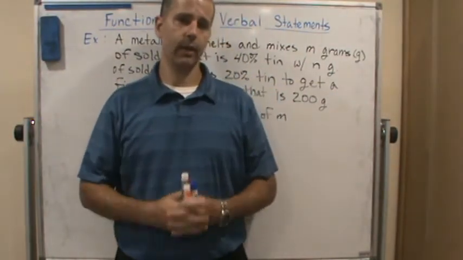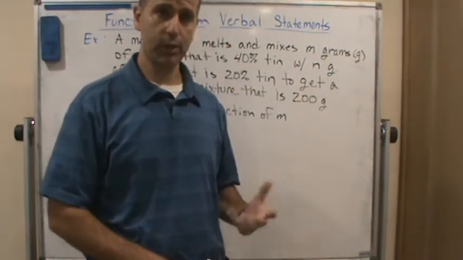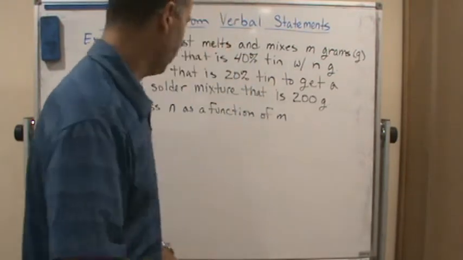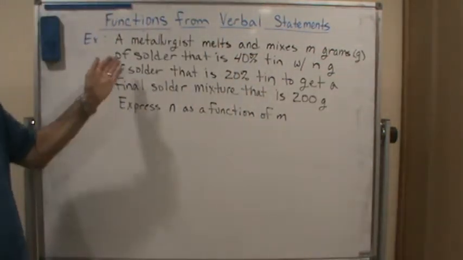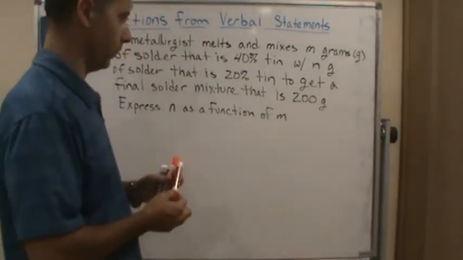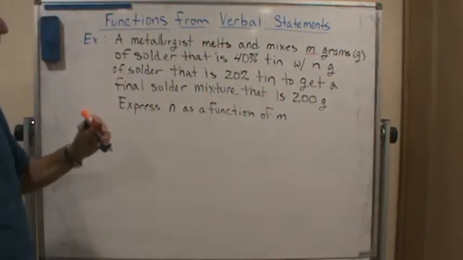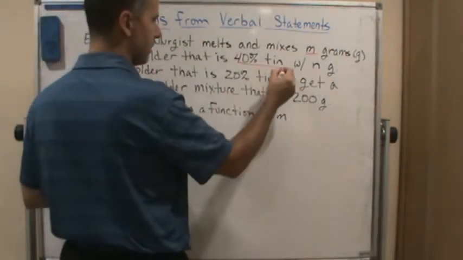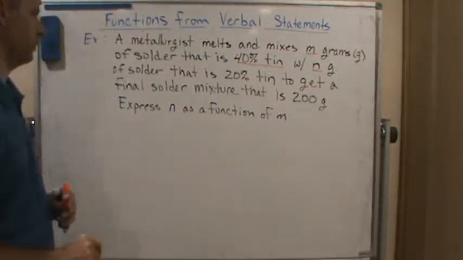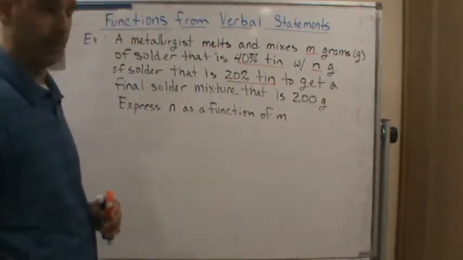Okay, so let's do another application problem where we're going to read this and then express one variable as a function of another variable. It says a metallurgist melts and mixes m grams of solder that is 40% tin with n grams of solder that is 20% tin.